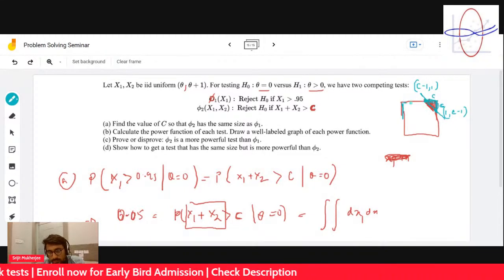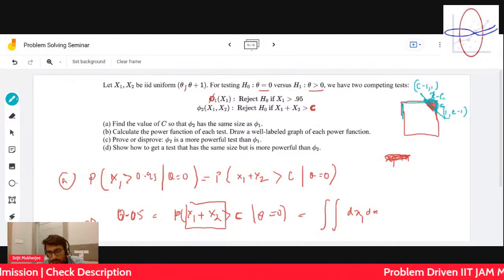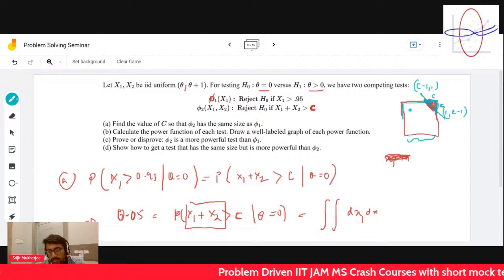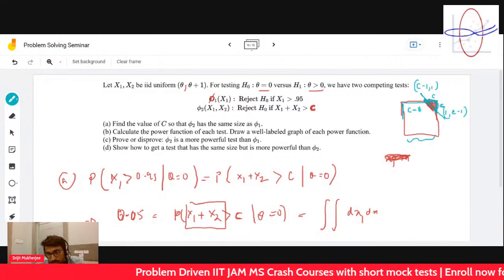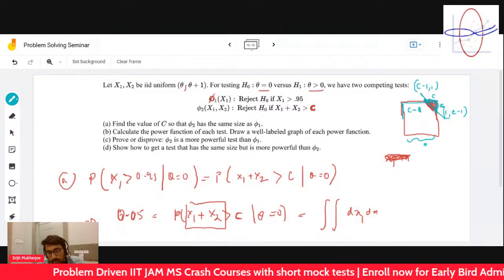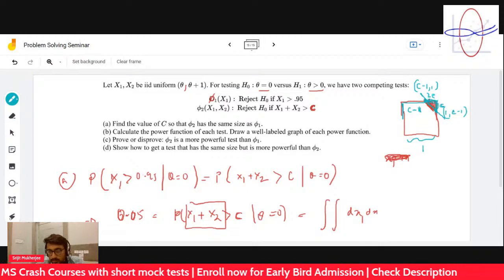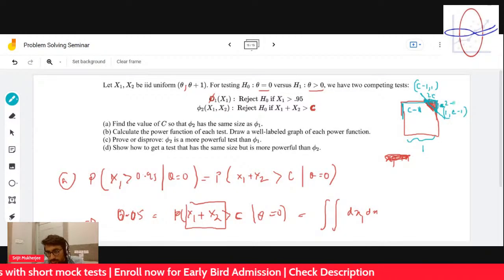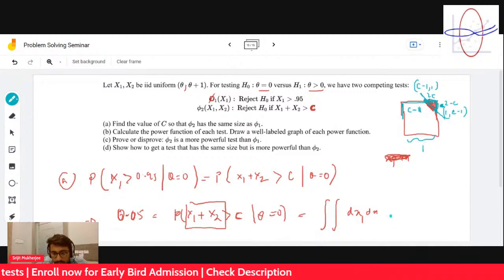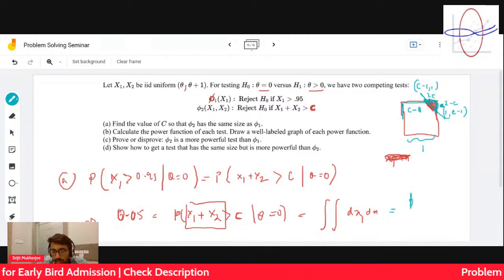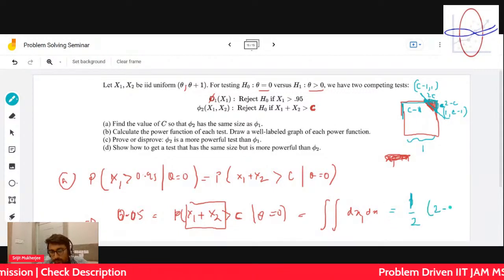This length is c minus 1. This length is 1, so the remaining length is 2 minus c. Similarly, it will be 2 minus c also. So this area, you can easily calculate, is half into 2 minus c whole square.